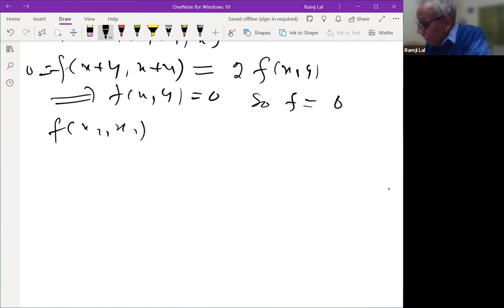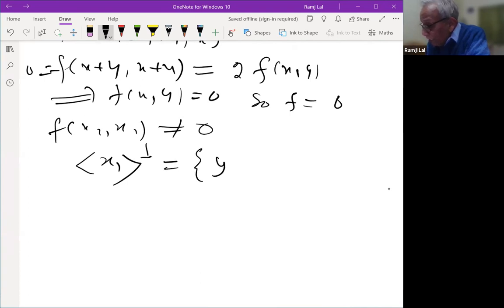So x1 is non-zero. Then, as usual, look at the subspace generated by x1, and look at its orthogonal complement with respect to this sesquilinear form F, which is the set of y belonging to V such that F x1 y is equal to 0.